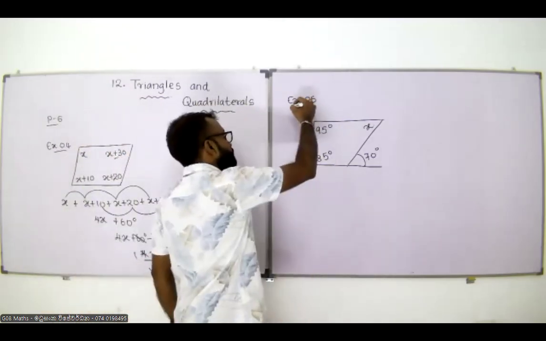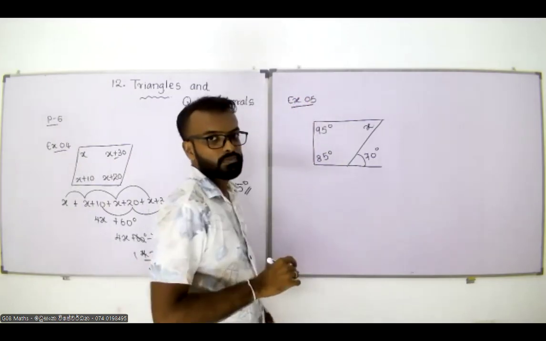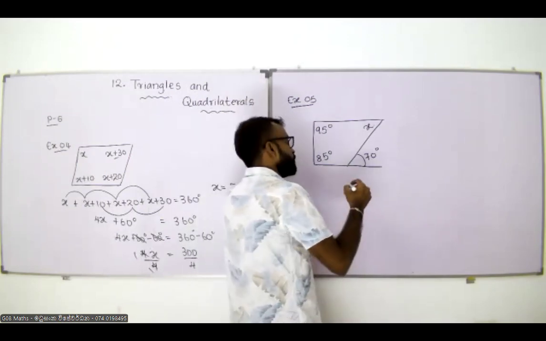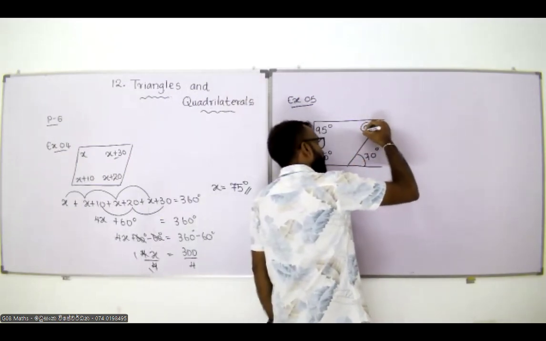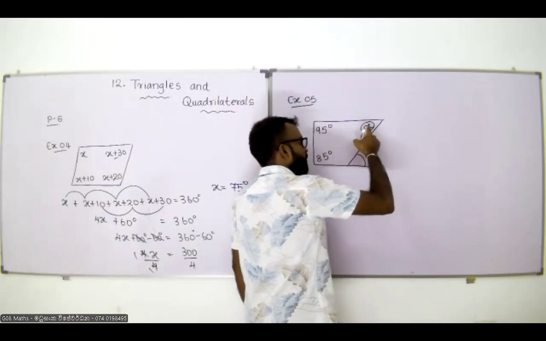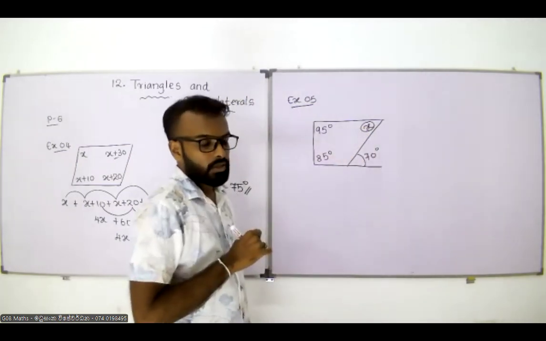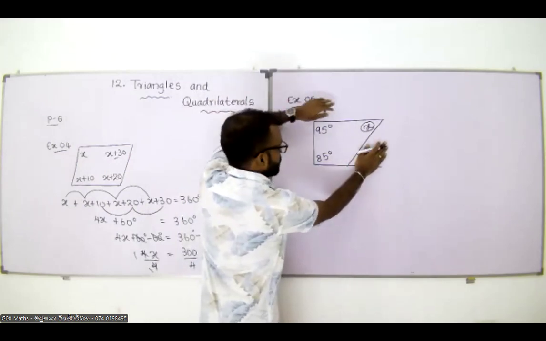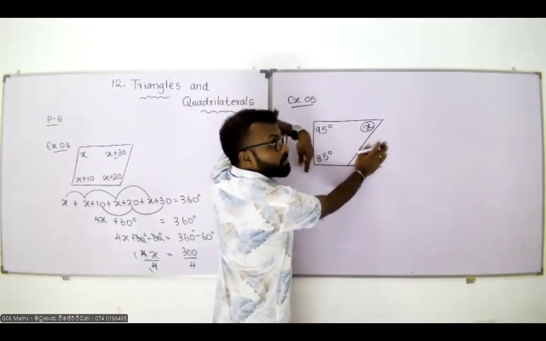Example number 5. How are you going to do this? You want to find x. You can see only the quadrilateral, this is the quadrilateral.